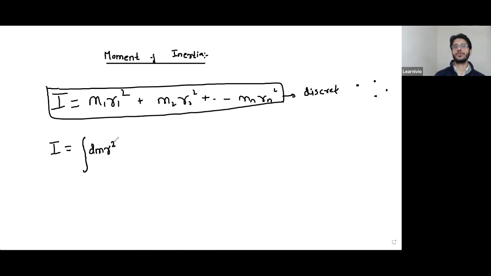That is the formula of moment of inertia for a continuous distribution. Instead of adding, you will integrate it.